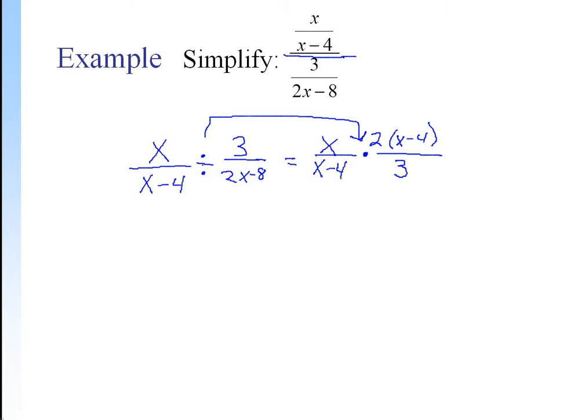So now, as I look at it, I see I can do some cross-canceling from an earlier section. So my answer ends up on top as being 2x over 3.